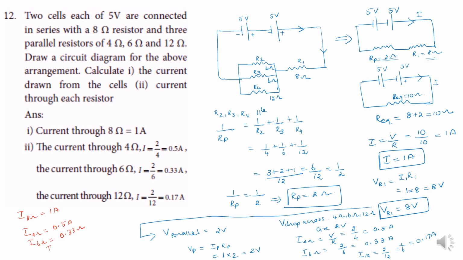Current through 12 ohms is equal to 0.17 amps. These are not ohms, these are amps. Okay. So you add all these three, what you get is again 1 amp. Okay, that's it.